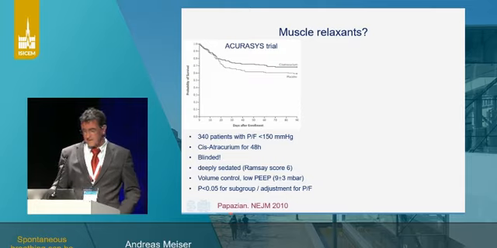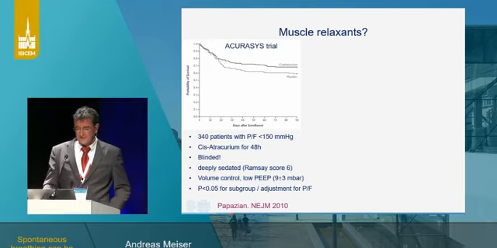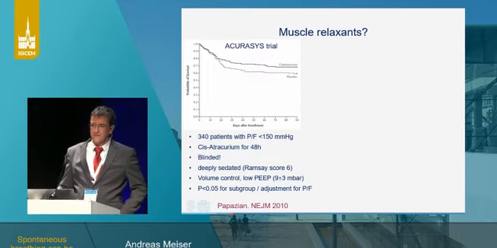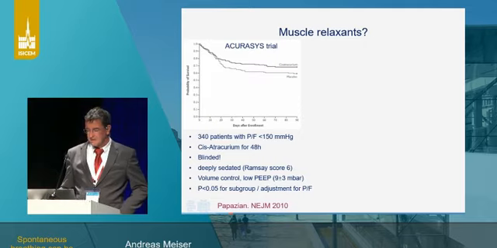The PEEP in their study on average was 9, which seems a bit low for severely compromised oxygenation. And they found a significant difference for the subgroup of very severe ARDS, or after adjusting for the PF ratio, because the PF ratio was unequally distributed, although the study was randomized.